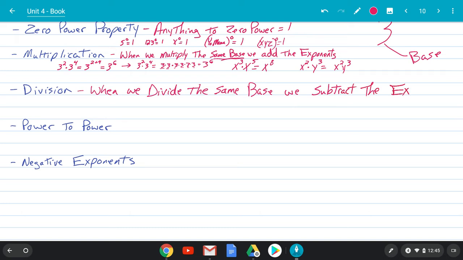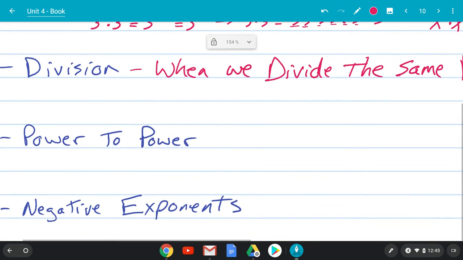And that makes perfect sense because addition and subtraction are opposites of each other, and multiplication and division are opposites of each other as well. So as long as I have the same base, let's say we have 3 to the 5th over 3 squared. Well, that would be 3 to the 5 minus 2, which is 3 cubed.